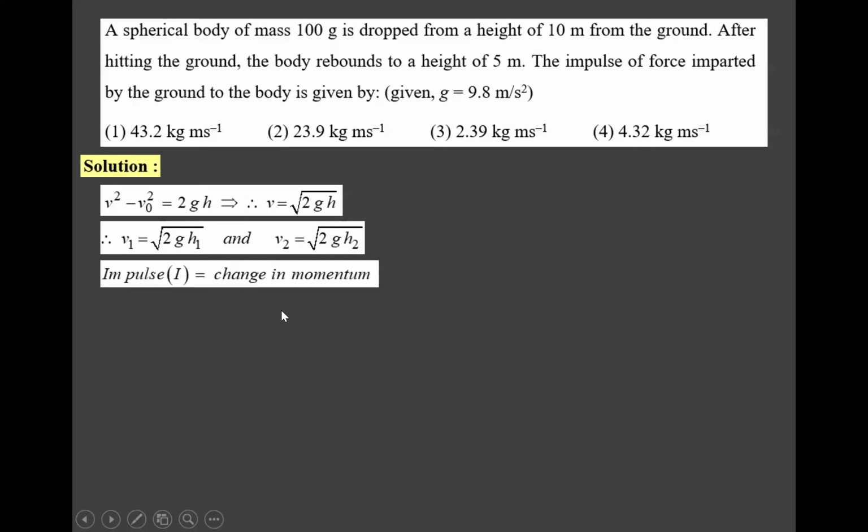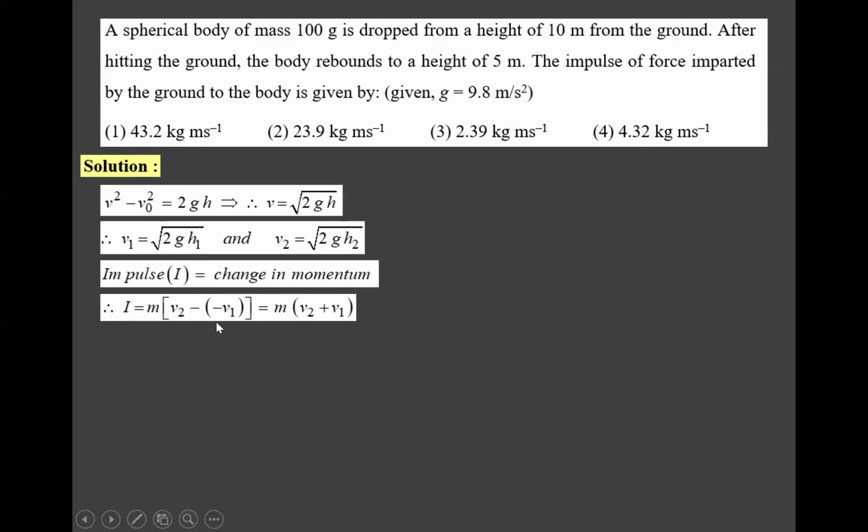So here, impulse is the change in momentum. We can write impulse I as mass into change in velocity, and change in velocity is final velocity minus initial.